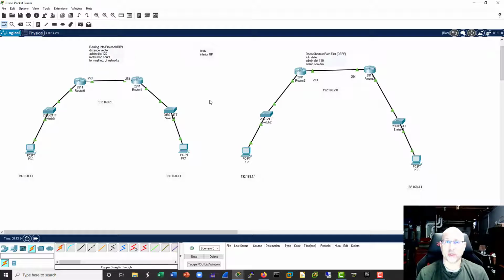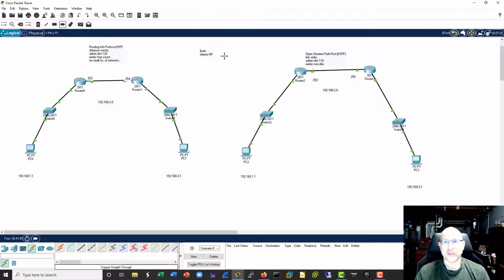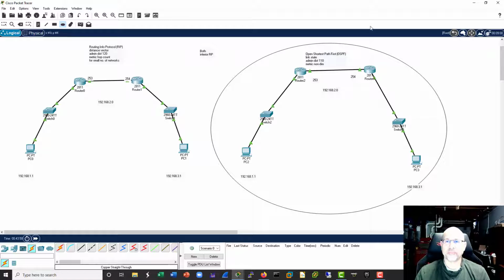So OSPF can be used on larger collections of networks. Now OSPF also has one other idea here, and well, OSPF has a lot of other ideas. So what you saw here is that I put everybody, all of these networks, into one area. All of these are in one area, and that area was area 0, also known as the backbone area.